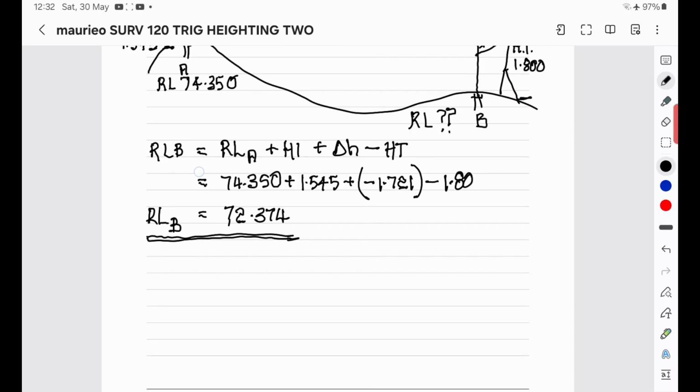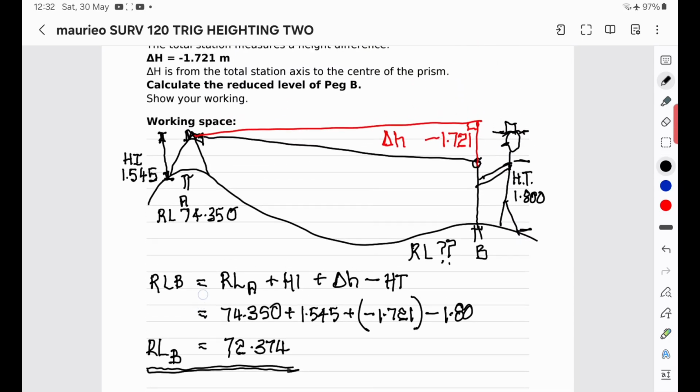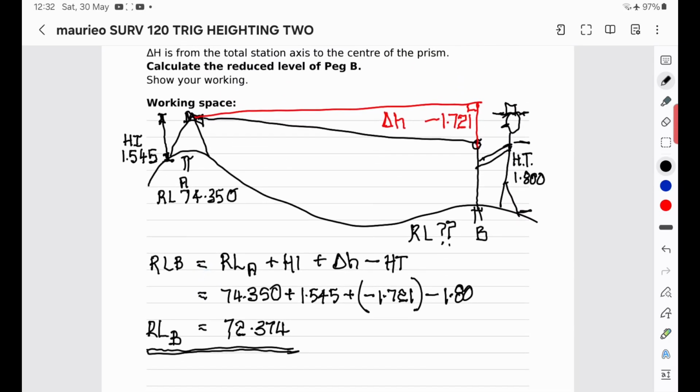All right, that's pretty much it, really. The important thing here is that delta H was already given as a negative value. This means the target is lower than the telescope axis of the total station. So we didn't need to calculate delta H because it was given to us by the machine.